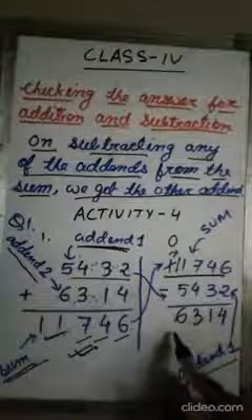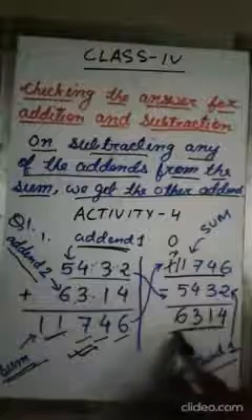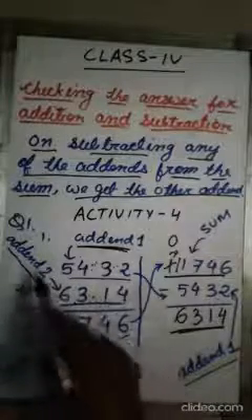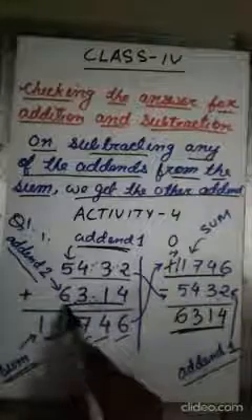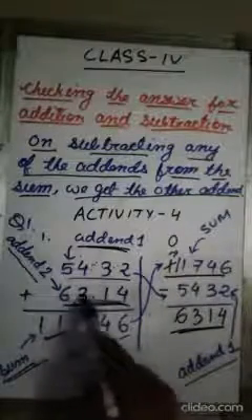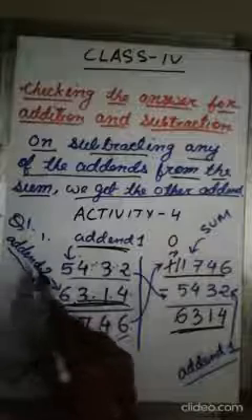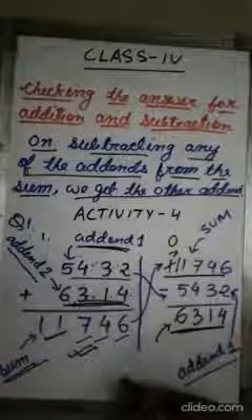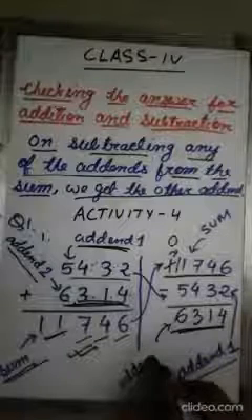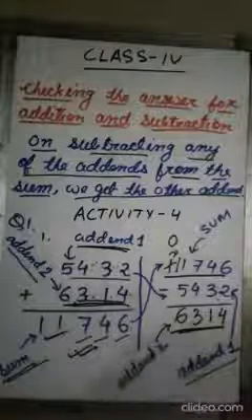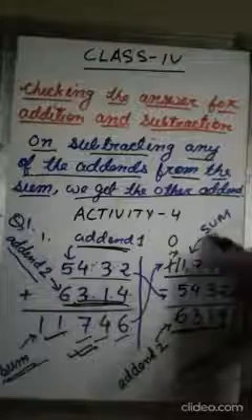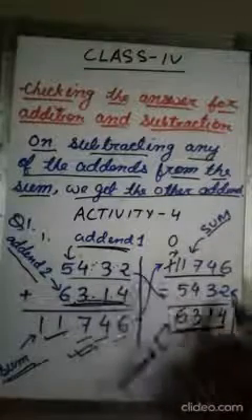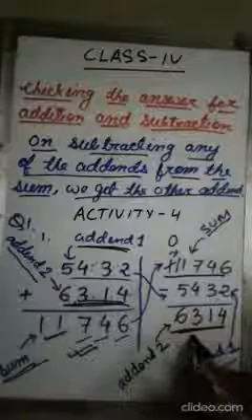So what have we got? 6,314. 6,314 is addend 2. Here also 6,314, which is addend 2. So from the sum, if we subtract one of the addends, we get the other addend.